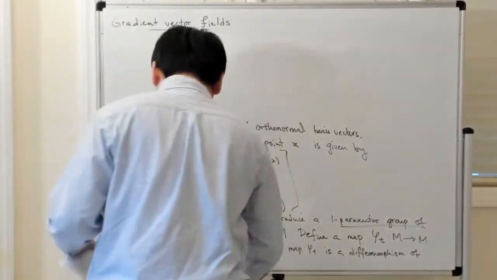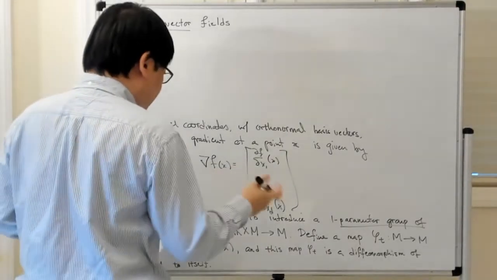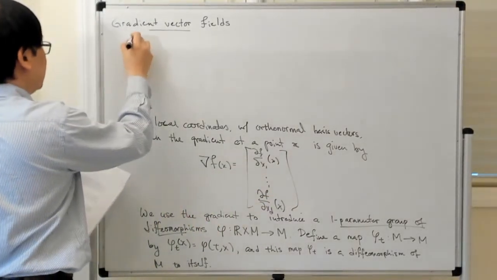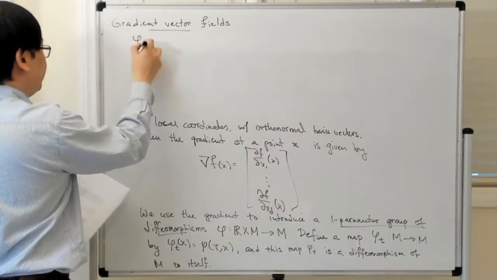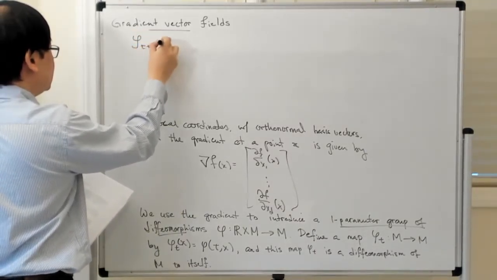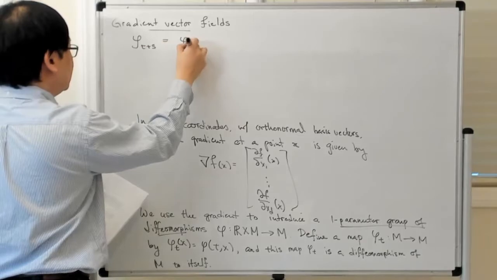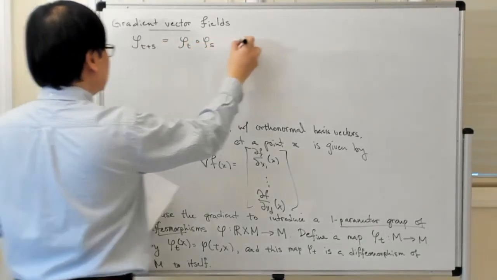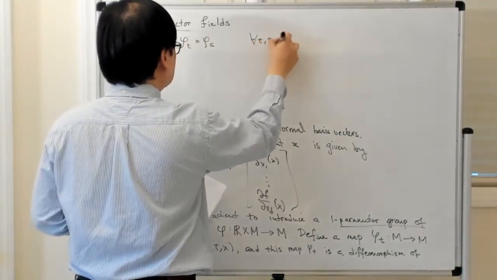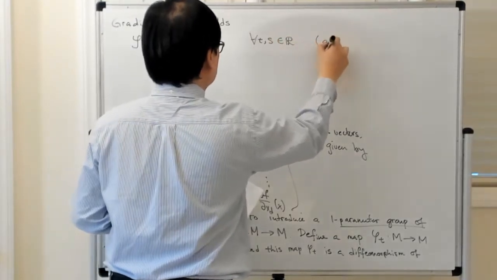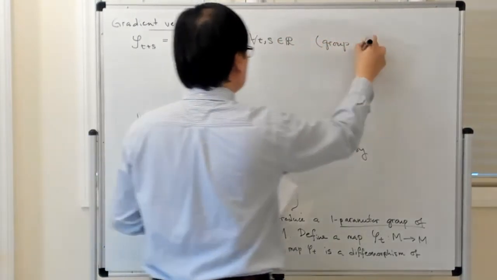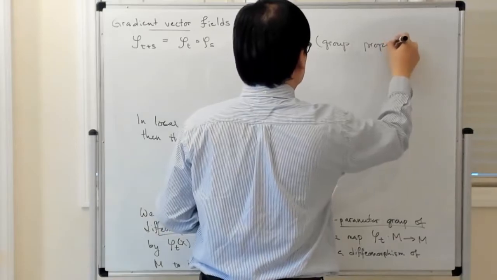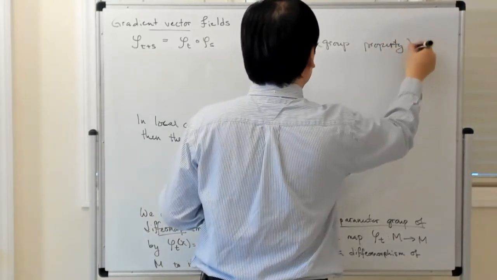All right, and then the second thing is a group property. If you have phi t plus s, that's going to turn out to be equal to phi t composed with phi s for all t and s in the reals. So this is the group property.